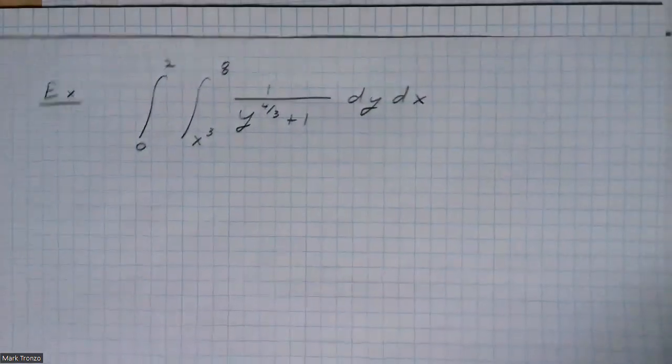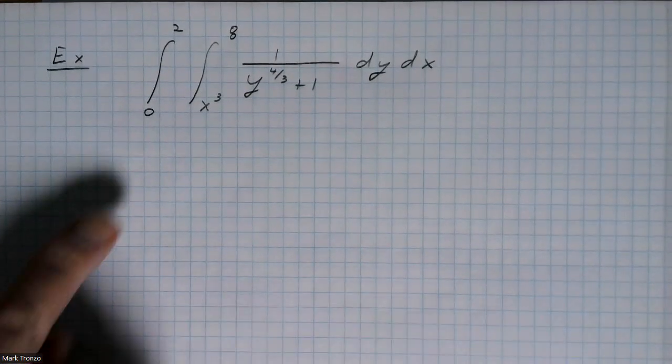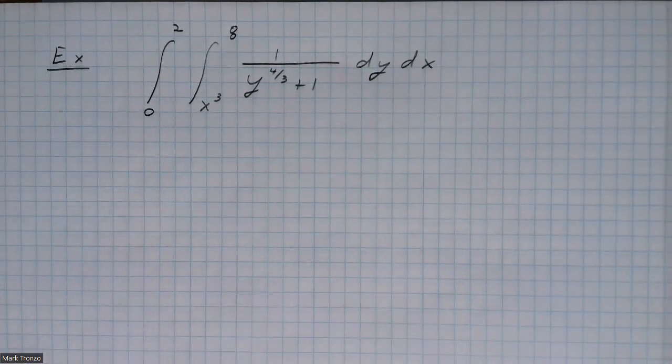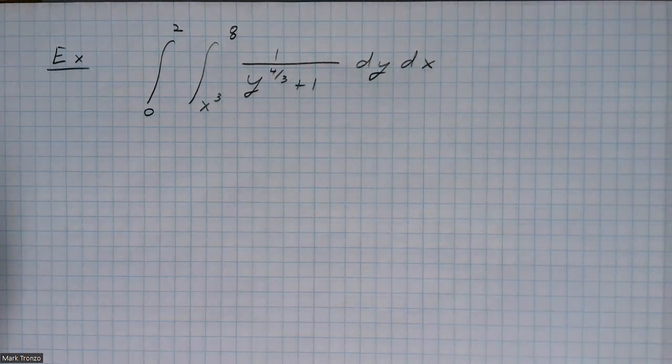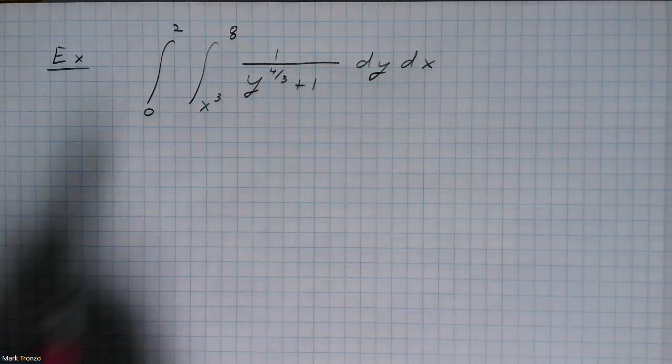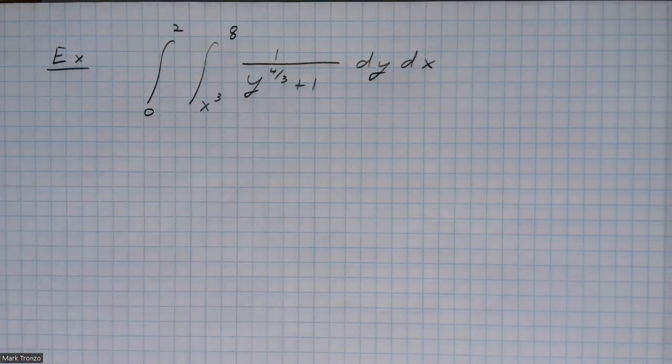Let's take another example. Let's look at this example here. So we're asked to do this integral. And once again, you can see this is a very difficult integral to handle because we have y to the 4/3 in the denominator plus 1.